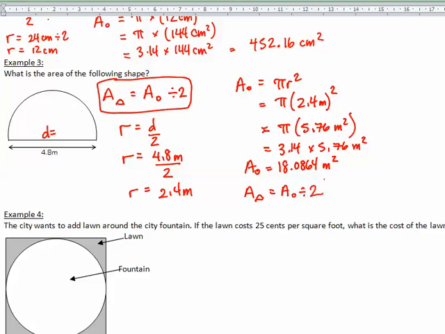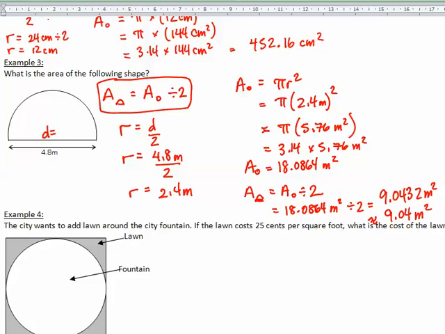So I'm dividing it by 2. So the area of the semicircle is 18.0864 meters squared divided by 2, and I get the answer 9.0432 meters squared, which is approximately 9.04 meters squared.